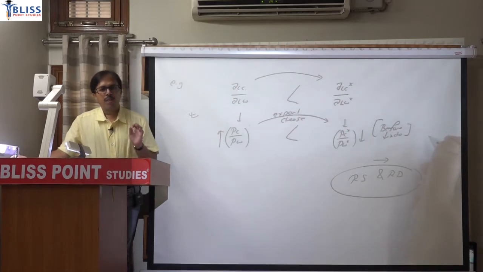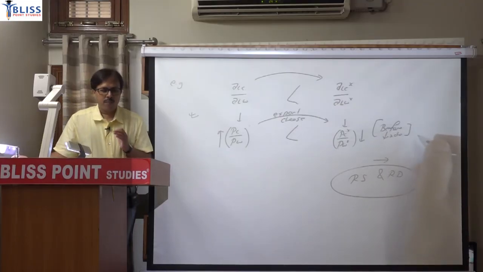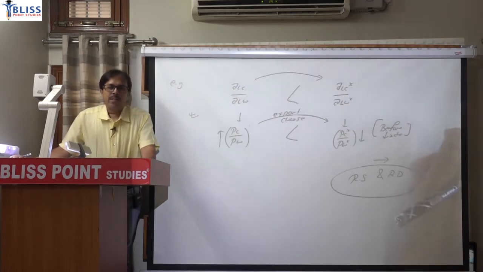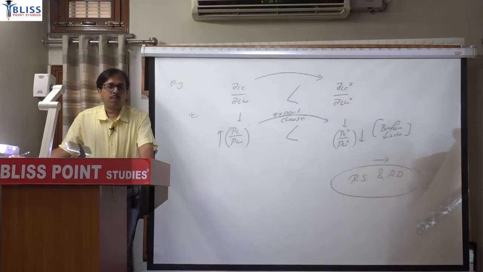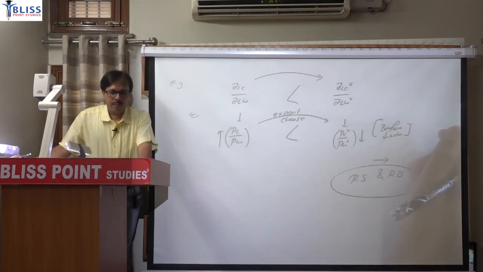So the determination of equilibrium relative price determines the pattern of trade. That means which country will export which product will be determined once you determine the relative price.